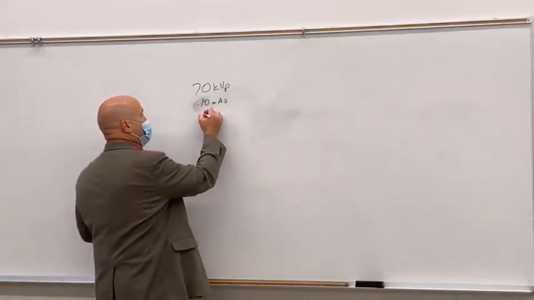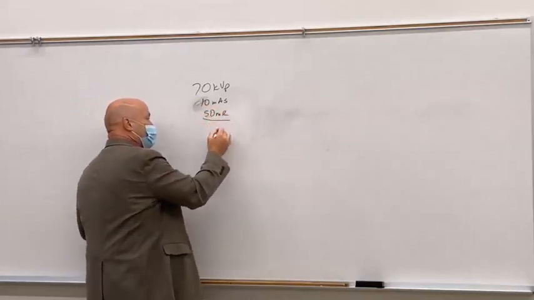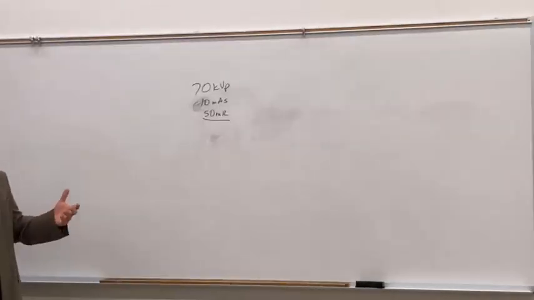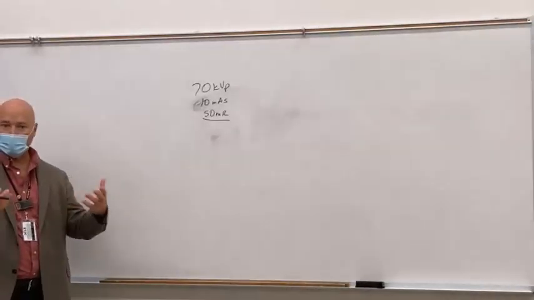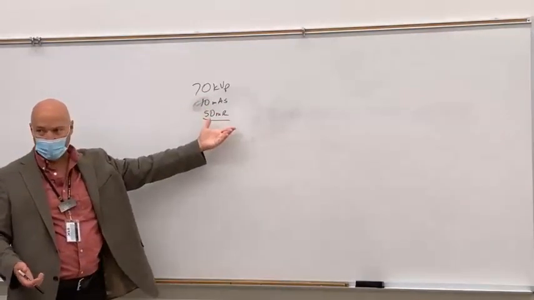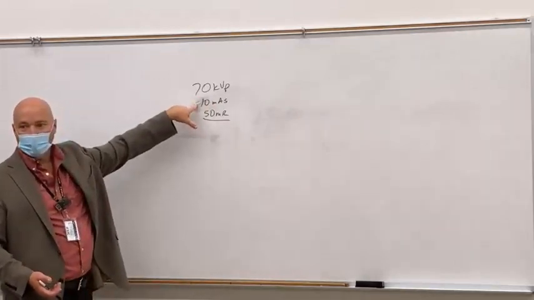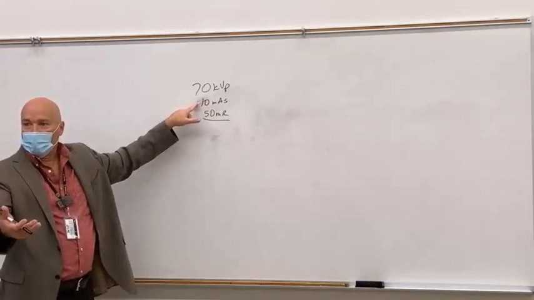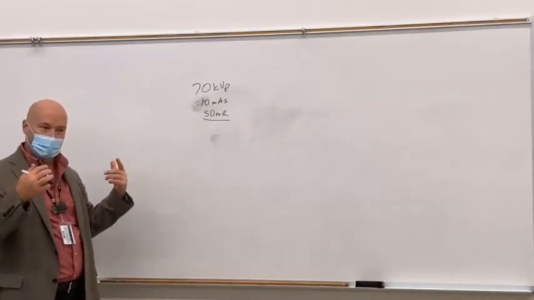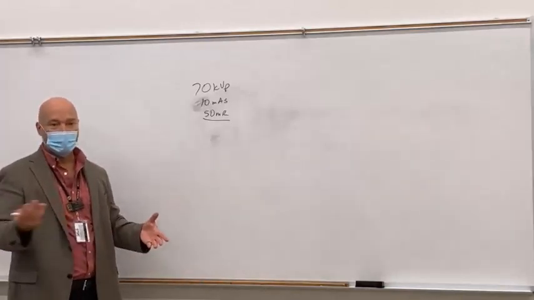So at 10 mass, you're gonna be creating roughly 50 MR. That's the unit that the physicist is gonna use to measure how much output you've got from your tube. He's not really gonna measure in mass, because to him, mass doesn't matter. It's what's actually coming out of the X-ray tube. This is tube current, really. And that's what we use just as a mental and visual representation of what our technique is. But to a physicist, it doesn't matter.